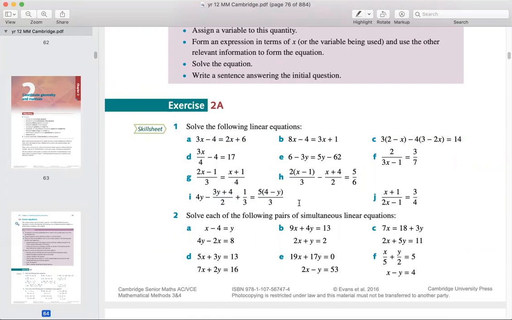Next is solving simultaneous linear equations. Basically, we have two equations and we want to find their intercept. But not every pair of simultaneous linear equations has an intercept. They can be parallel or they can be collinear, which means no solution or infinitely many solutions.